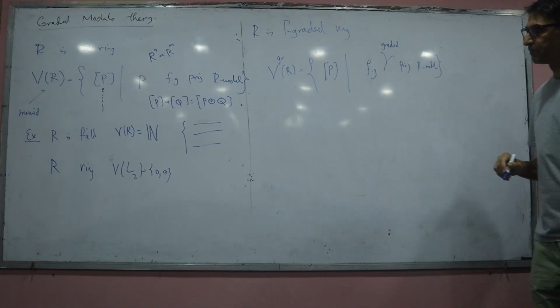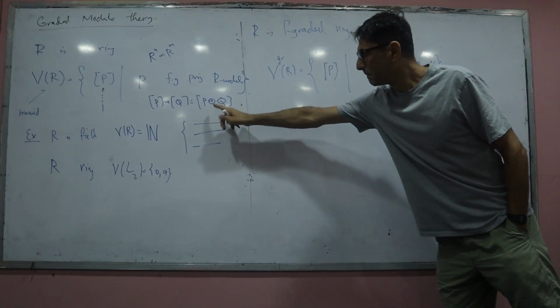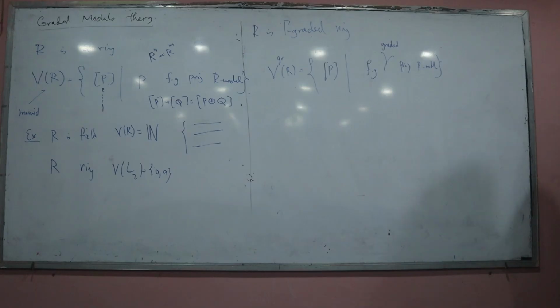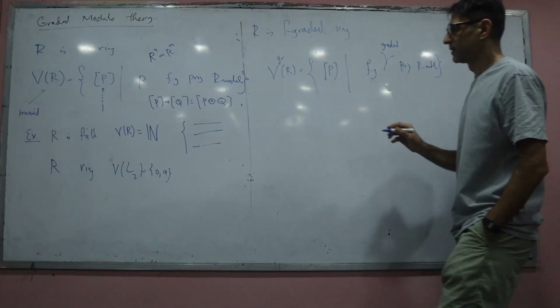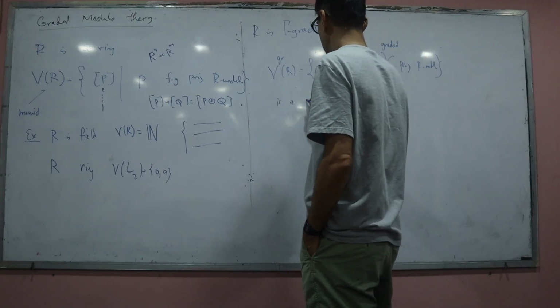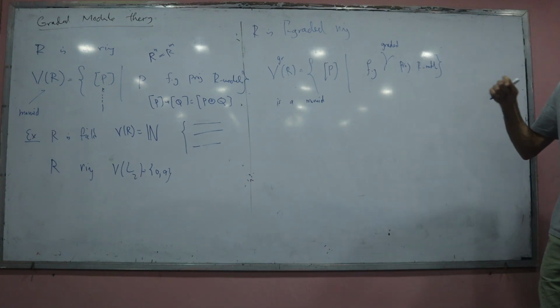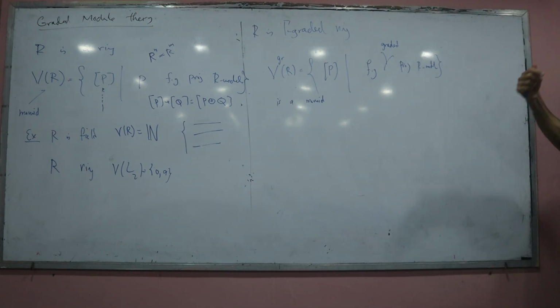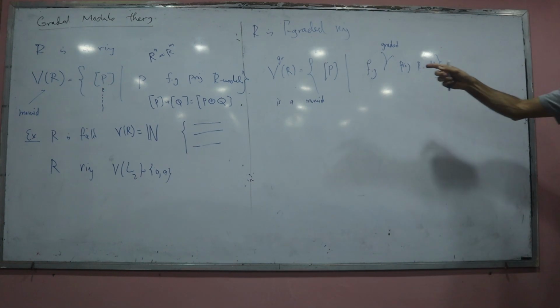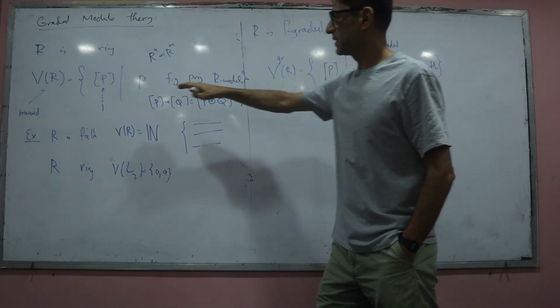That's the difference. Read this. Now, that gives you a monoid. But this monoid comes with a bit more structure, and that makes it very strong. This is much richer than this one.